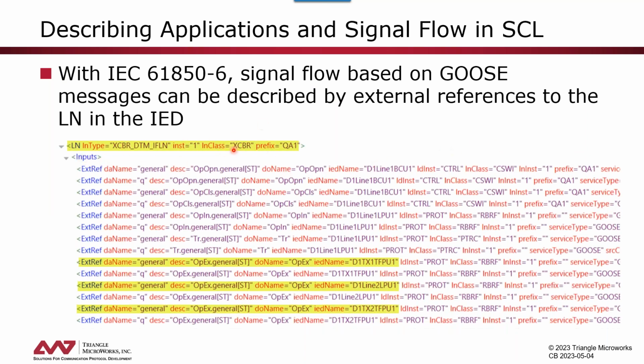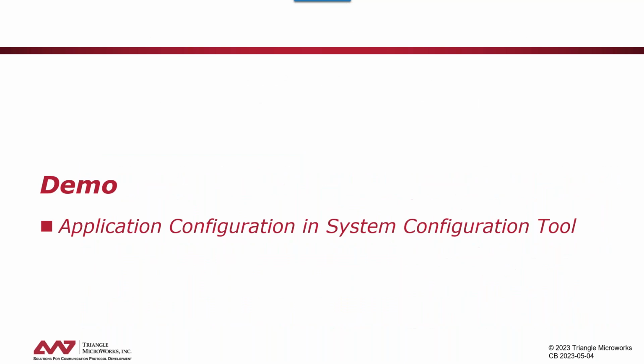As an example here, we can provide inputs to an XCBR, which would be these different op external. And with that, we will now demonstrate that in the Helinx STS tool. Jackson will show you how this configuration is done in the tool.